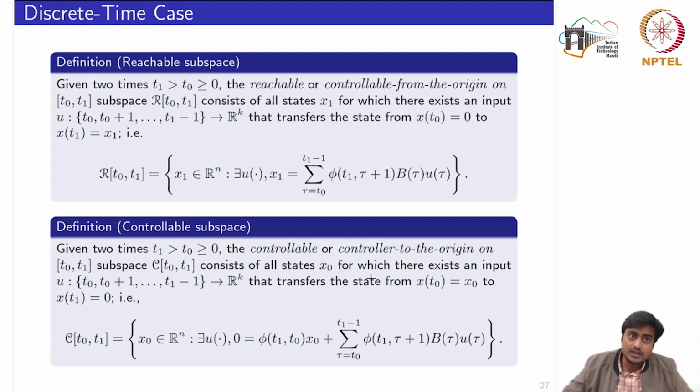One, from the origin we want to take the state to some values, let's say x1, which would give me the reachable space. The controllable space, I am looking for all those points starting from where I can reach the origin.